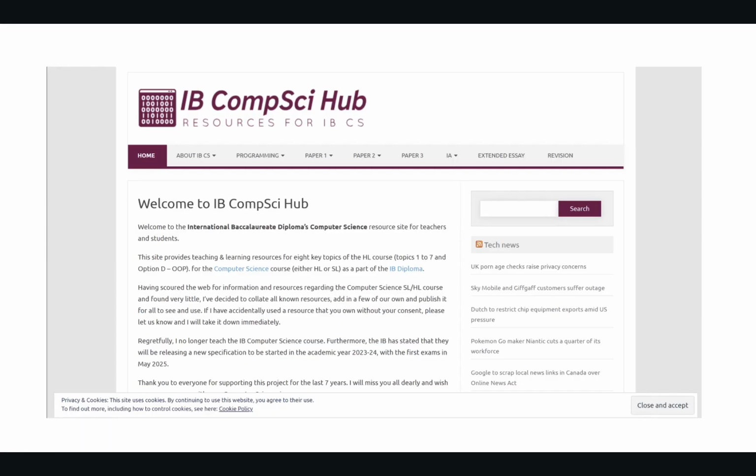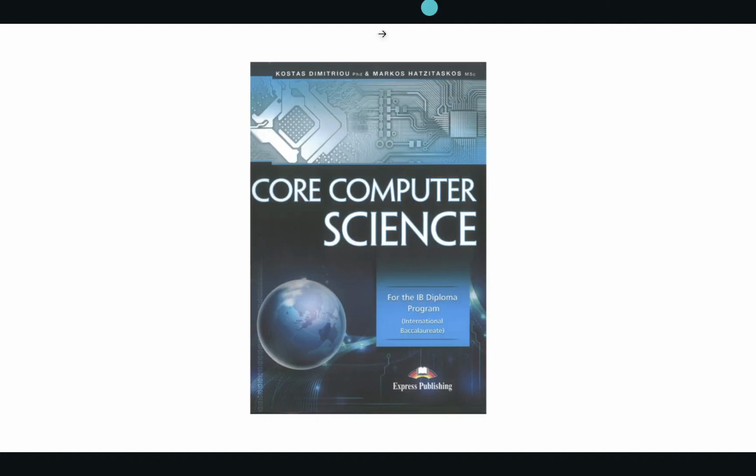It's very important. The second one is the Computer Science Hub. It also has tips about what is going to be examined, and it has all the information stored in the format of presentations. It has all the information about IA, about extended essay, about everything. Very useful. However, it also doesn't contain all the information that is in the book and that is going to be tested.